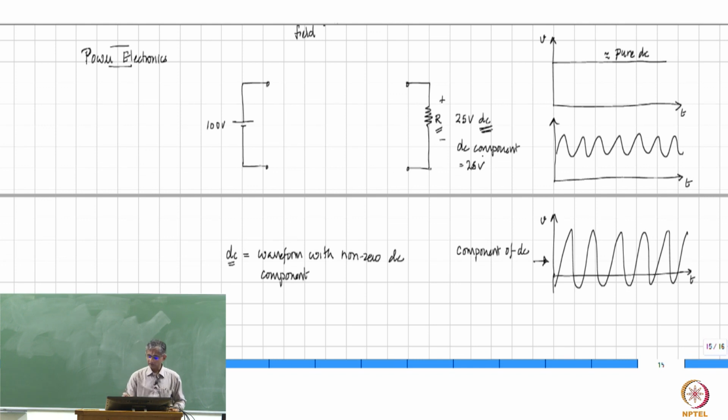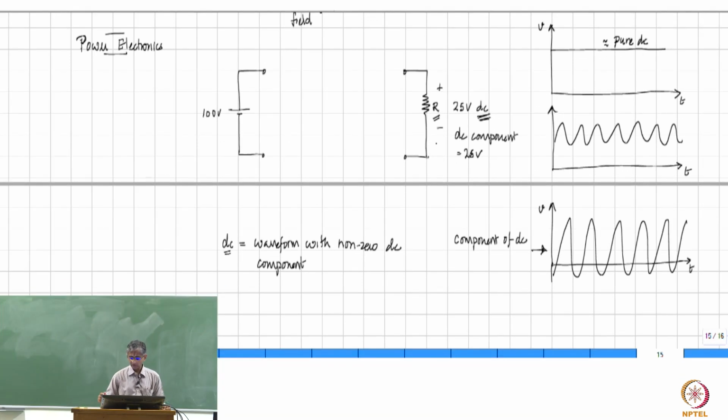Having understood this, the question arises: is there a circuitry that I can put in between that gives me 100% efficiency?